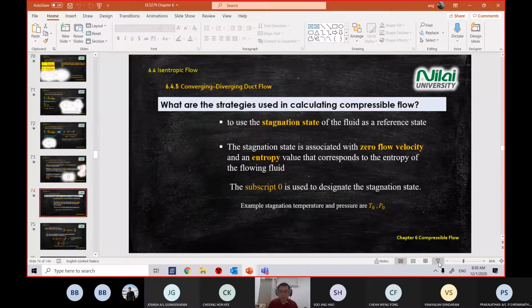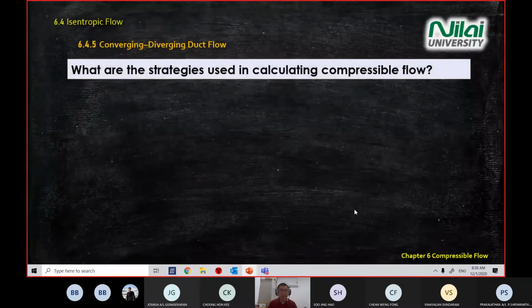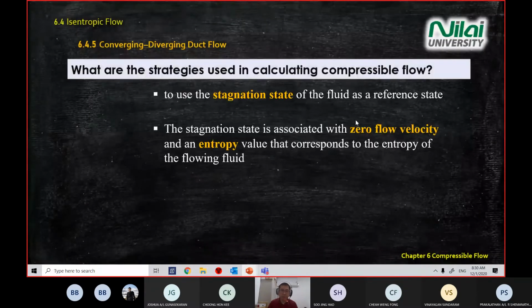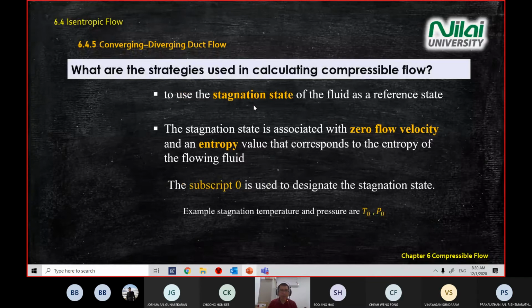We're going to look at strategy when we solve chapter 6 question, especially when it comes to compressible flow. So we're going to look at stagnation state with this P0 T0 that we introduced to you last week, the ratio between temperature and pressure. When we look at compressible flow, we will look at stagnation state and the entropy at that particular point.